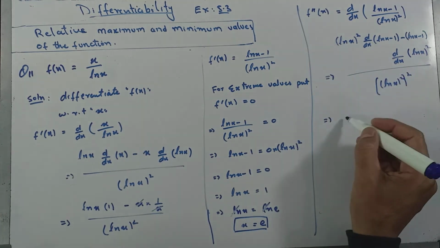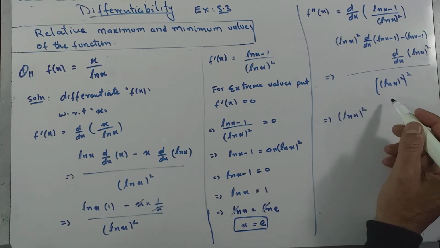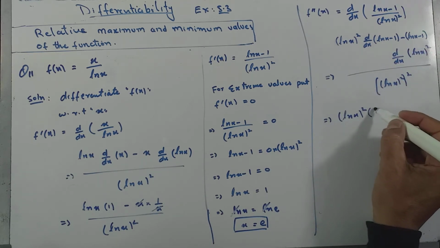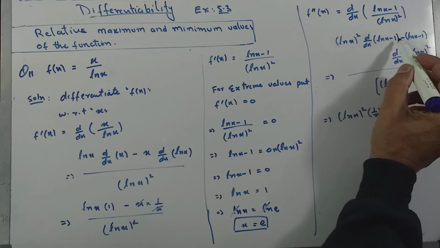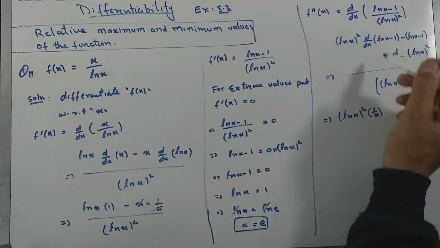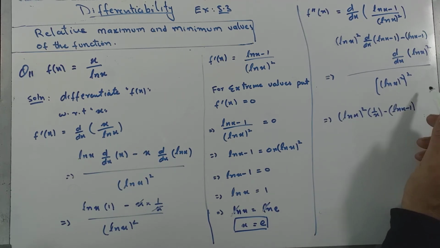So (ln x) whole square, and d over dx of (ln x minus 1) is 1 upon x, because the derivative of minus 1 is 0 and the derivative of ln x is 1 upon x only. So we will get only 1 upon x.